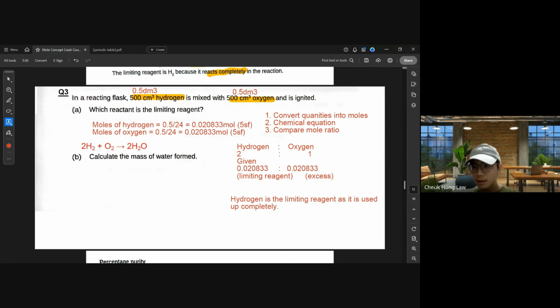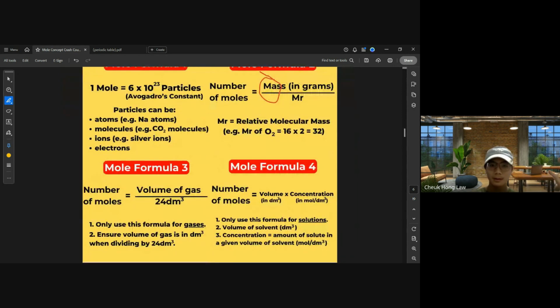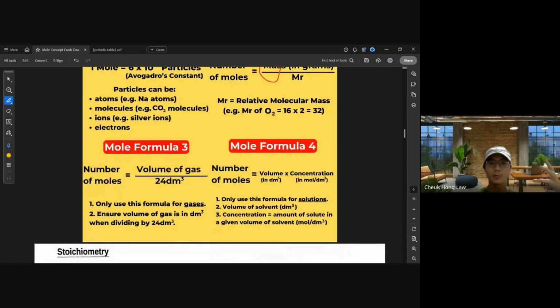When do you use RTP and when do you divide by MR? If they give you the mass of a certain substance, then you know you can divide it by the MR to find number of moles. For mass, it can be any type of substance: solid, liquid, gas, or aqueous. Then RTP, I'm assuming you are talking about volume of gas.